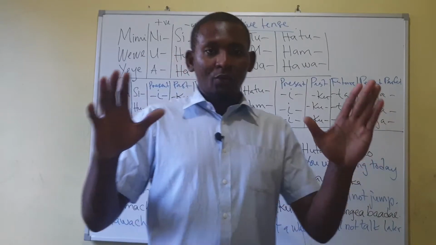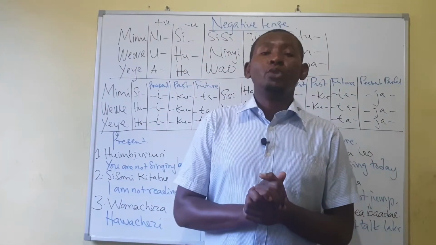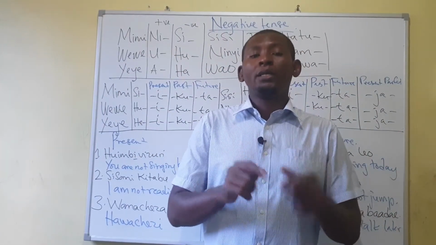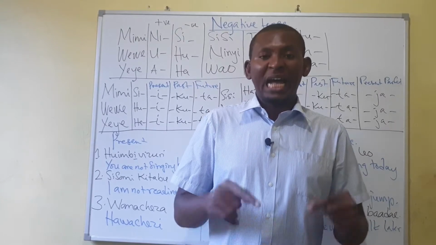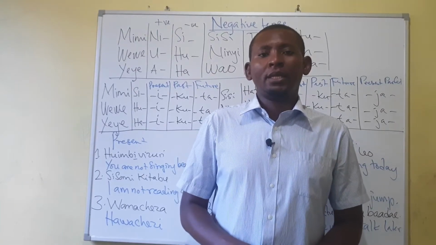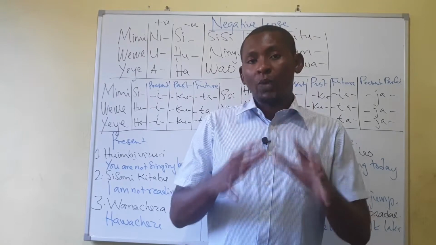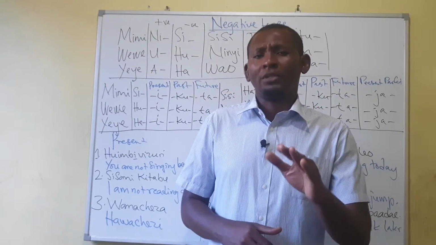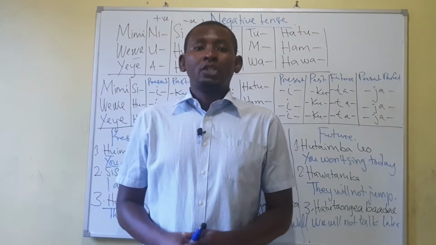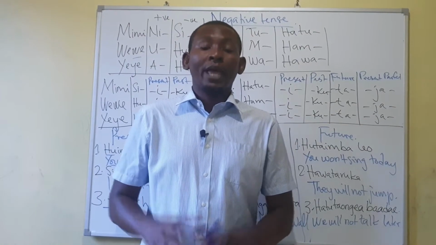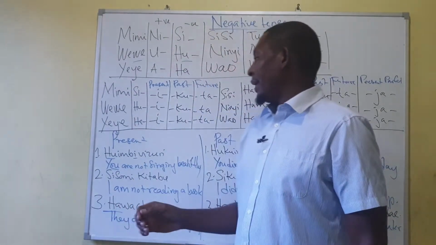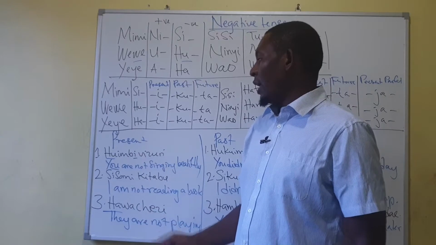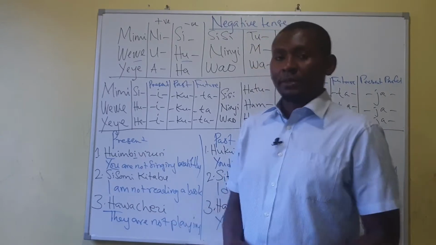Okay, are you confused? I hope you are not. If you are, don't forget to comment, ask any questions, and I'll be willing to answer them on time. Okay, so let's go to the examples. And here are the examples. Let's go to the present.